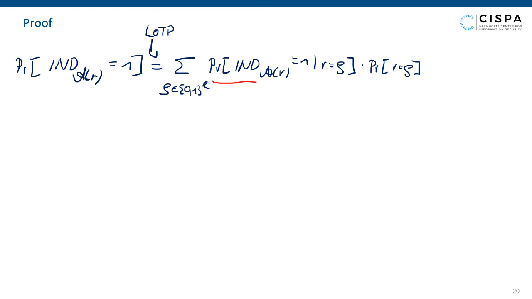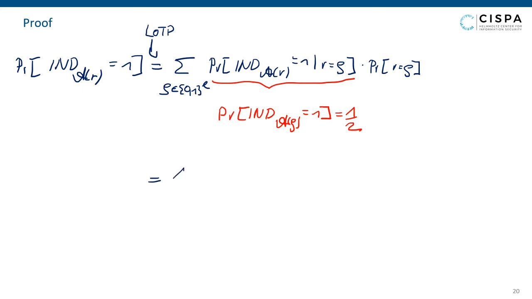Again, here we're conditioning on R equals rho, so on the left side I can just substitute R with rho and get that this is the same as the probability that int A_rho equals 1. And as A_rho is now deterministic, as we just said, I know that this is exactly 1/2.